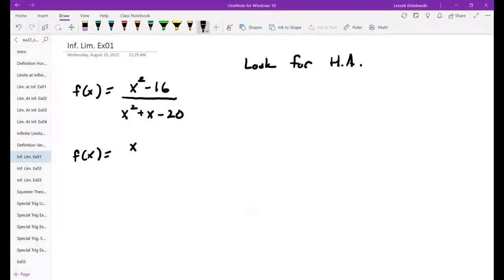So let me go ahead and factor that denominator. And so this function would be undefined or have discontinuities whenever the denominator is 0. So we have candidates for vertical asymptotes.